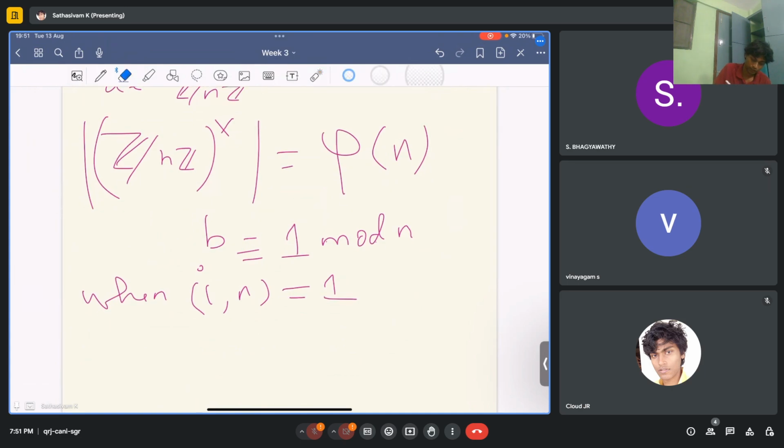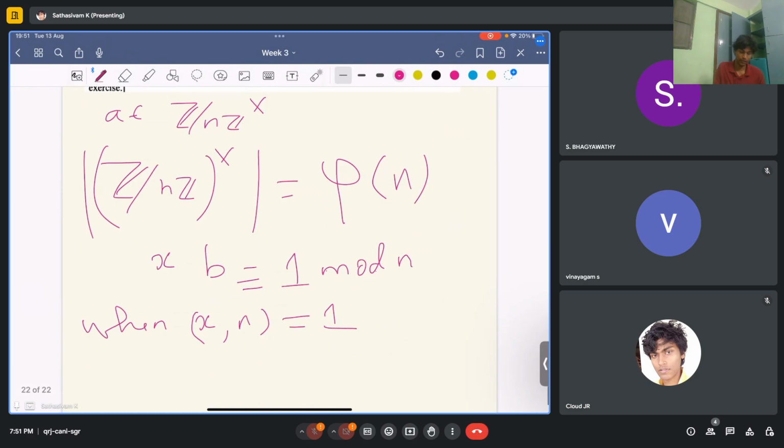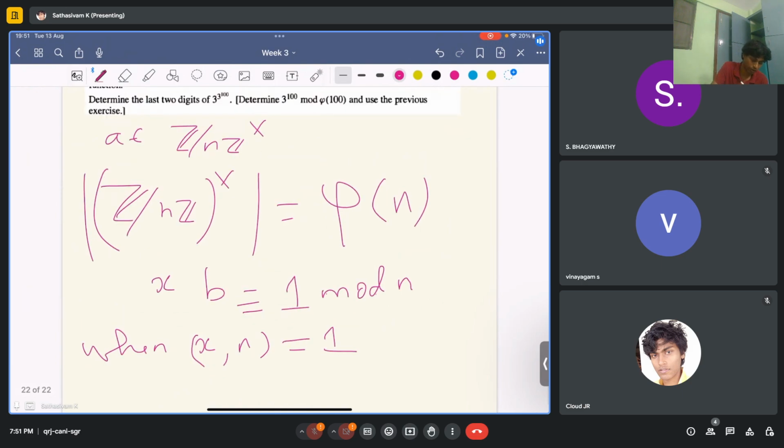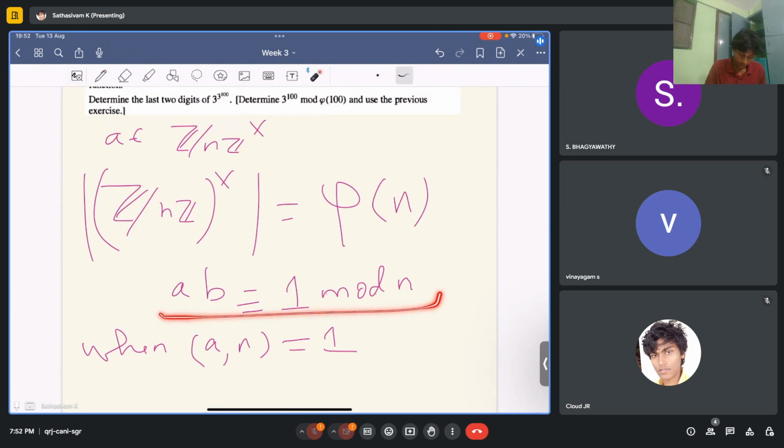Okay, so maybe I'll just write here. Or maybe I don't even want to write x, I'll just write a. So inside modular arithmetic, this inverse means another element b such that ab has to be 1, right?